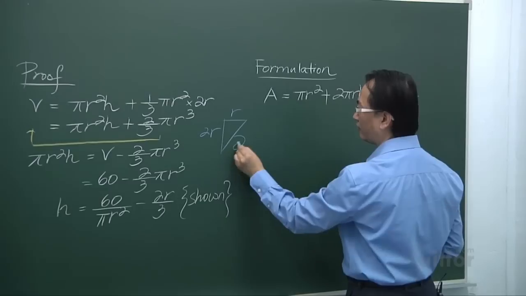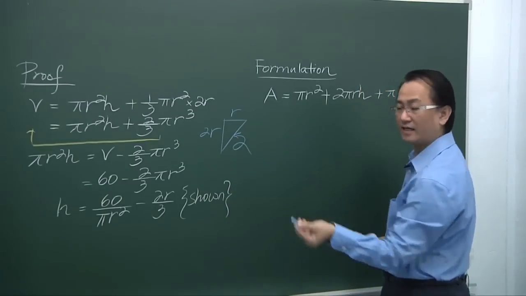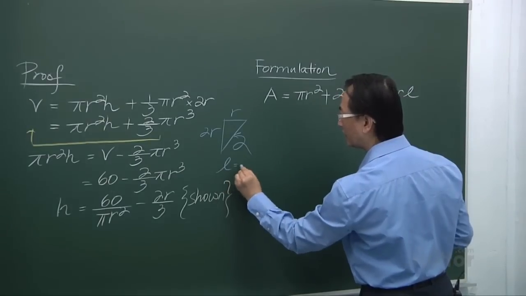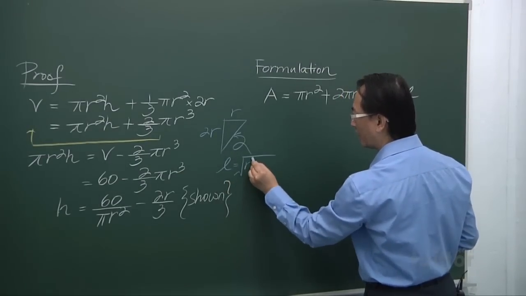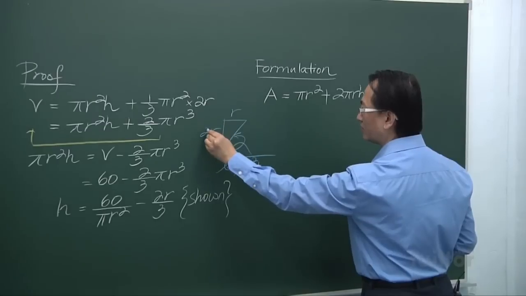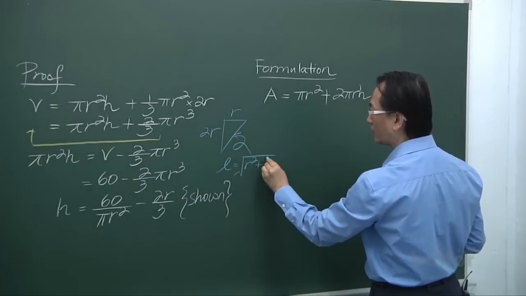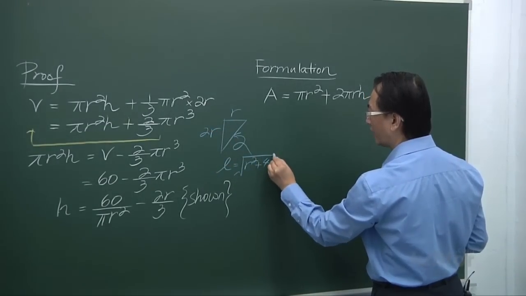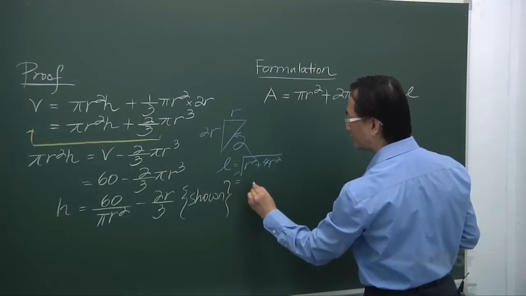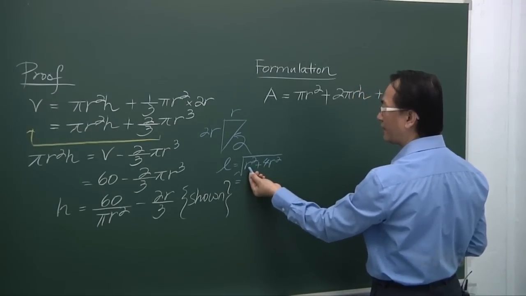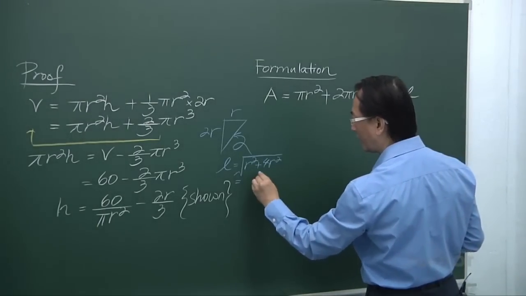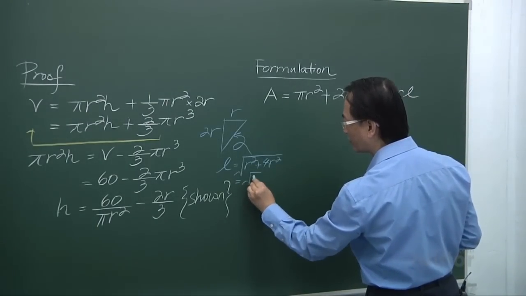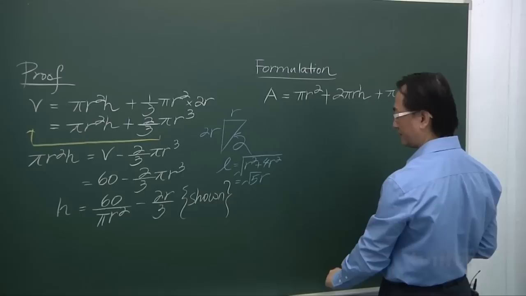Then for the slant height, we'll have L equals square root of the r squared plus the 2r bracket squared. That will give me 4r squared. Then, to simplify that, I get 5r squared in the square root. So, when I simplify it, I will have square root 5 r.